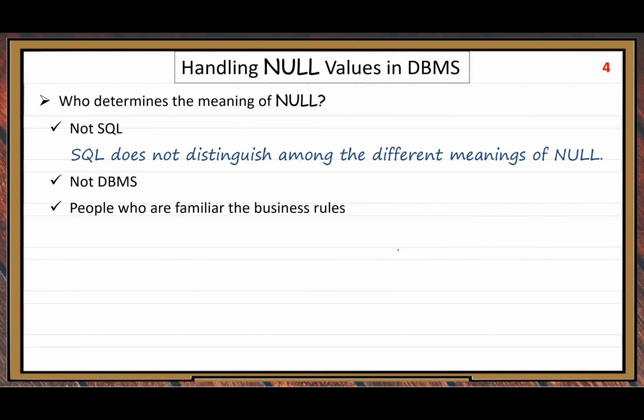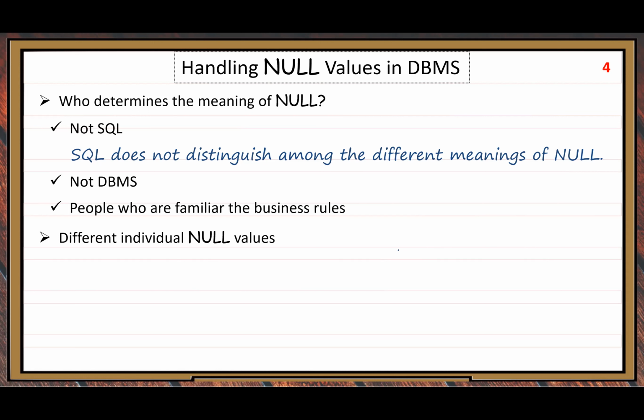People who are familiar with the business rules need to determine the specific interpretation, because it could be hard. You need to be very familiar with your business.